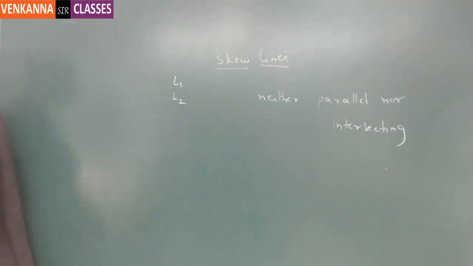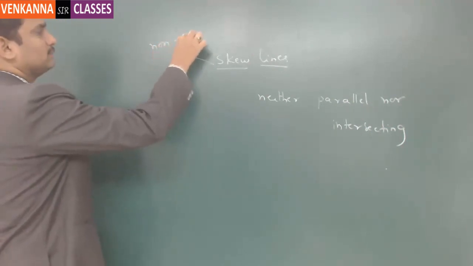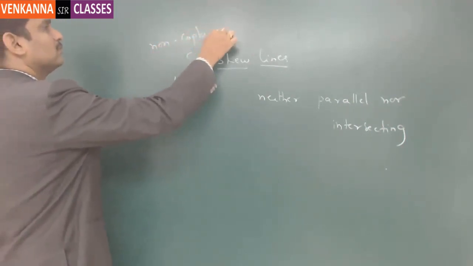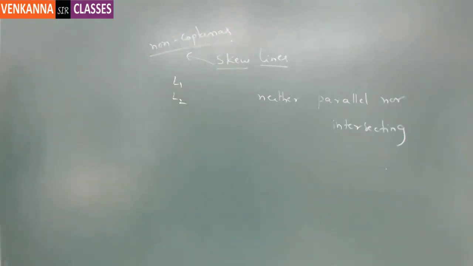And usually skew lines are non-coplanar. So if you say that L1 and L2 are skew lines, then L1 belongs to one plane and L2 belongs to the other plane. Okay?